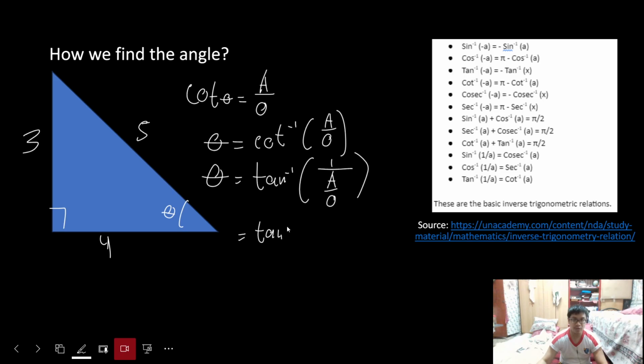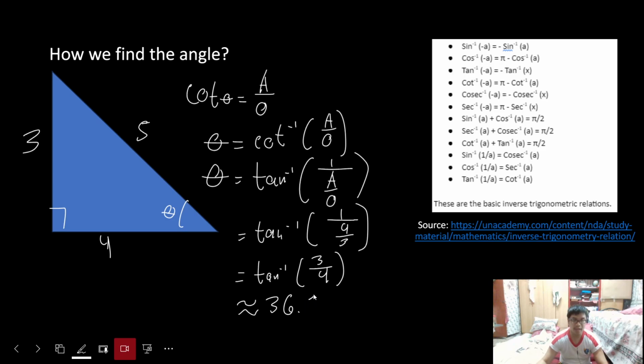Arc tangent of 1 all over your A, it's 4, your O, it's 3. So what we will have is arc tangent of 3 all over 4. If you use the scientific calculator, this is approximately 36.87 degrees. And see? So to conclude, all inverse trigonometric functions should result in the same answer.